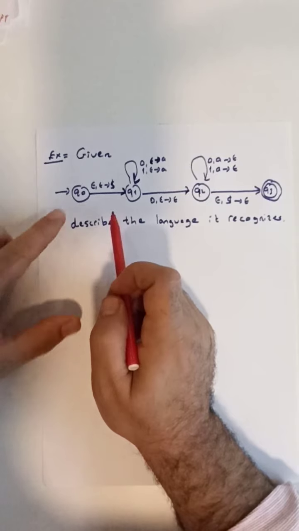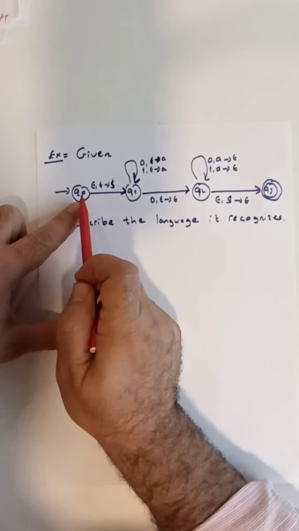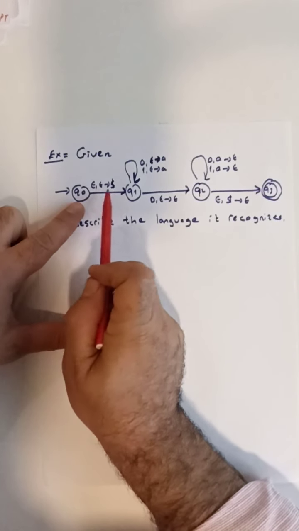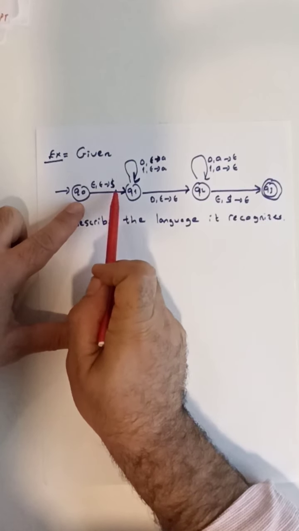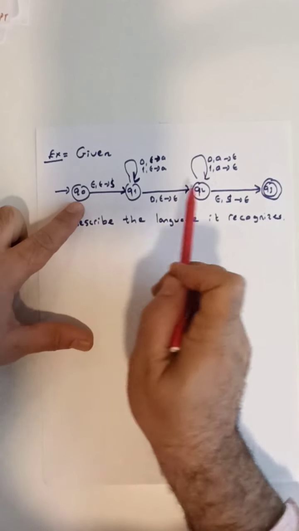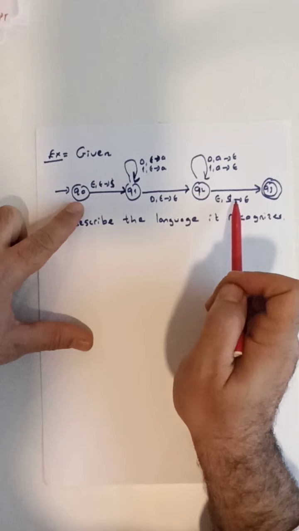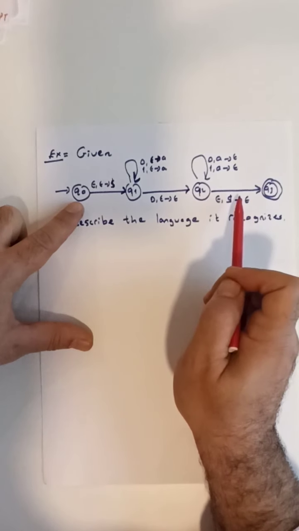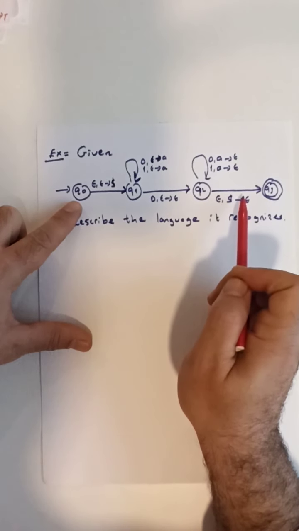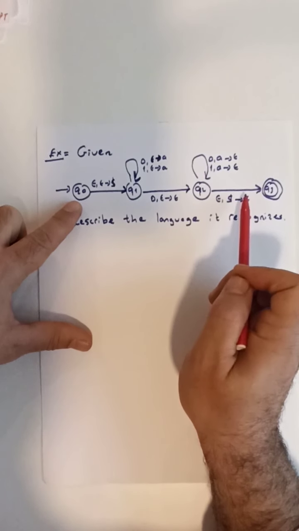Starting at Q0, the first thing the machine does is push the special delimiter dollar on the stack. This is so that the machine can recognize, at any point, whether the stack becomes empty or not.